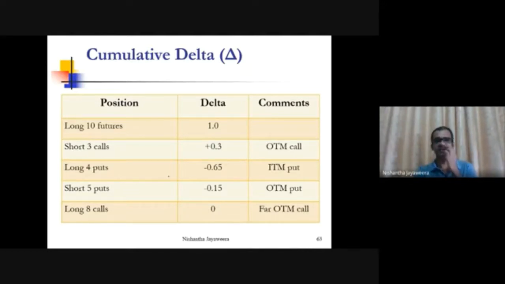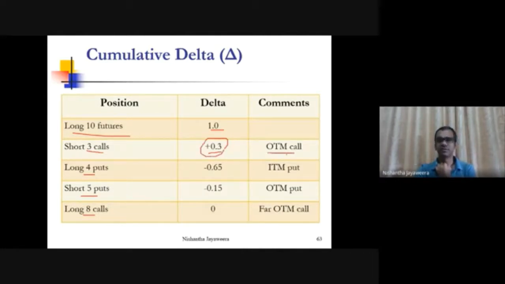So this is a portfolio. You have long 10 futures, short 3 calls, long 4 puts, short 5 puts, long 8 calls with different deltas. Definitely for futures, delta is 1. There are 3 calls with delta +0.3. What does it mean? It is less than 0.5, so it is out of the money.